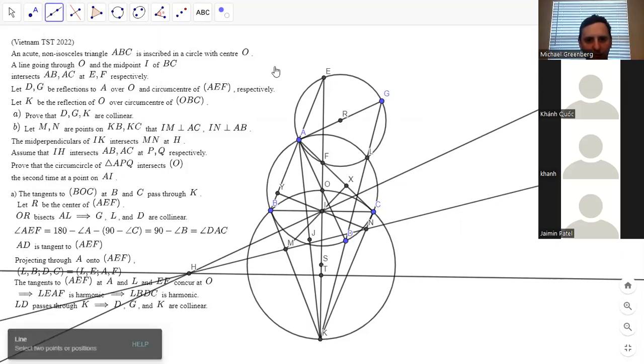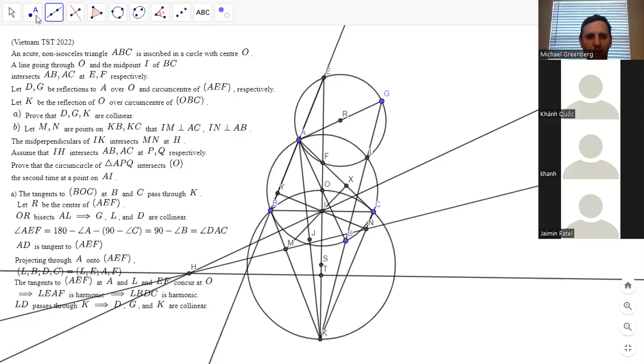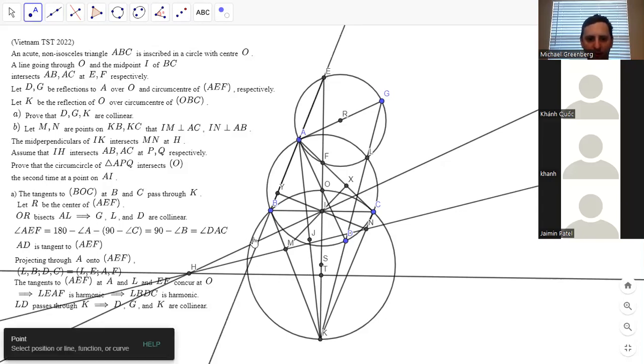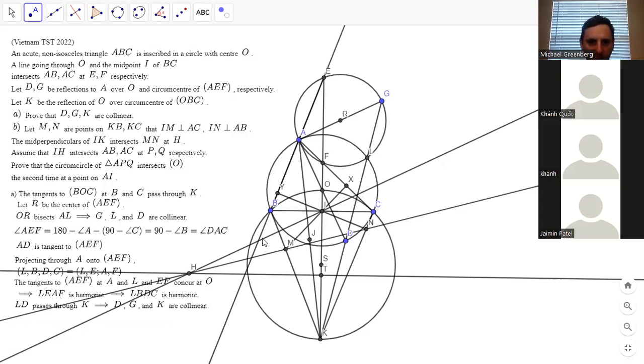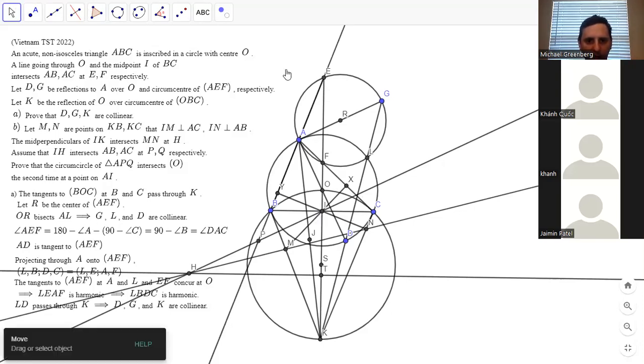But a lot of the rest of the figure we don't use anymore, so maybe it's not so bad. So IH intersects AB at P, and AC at Q.